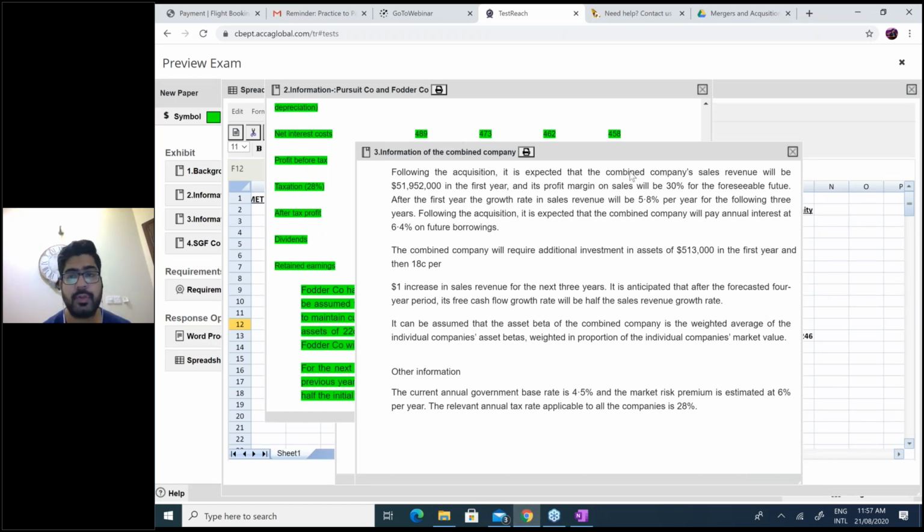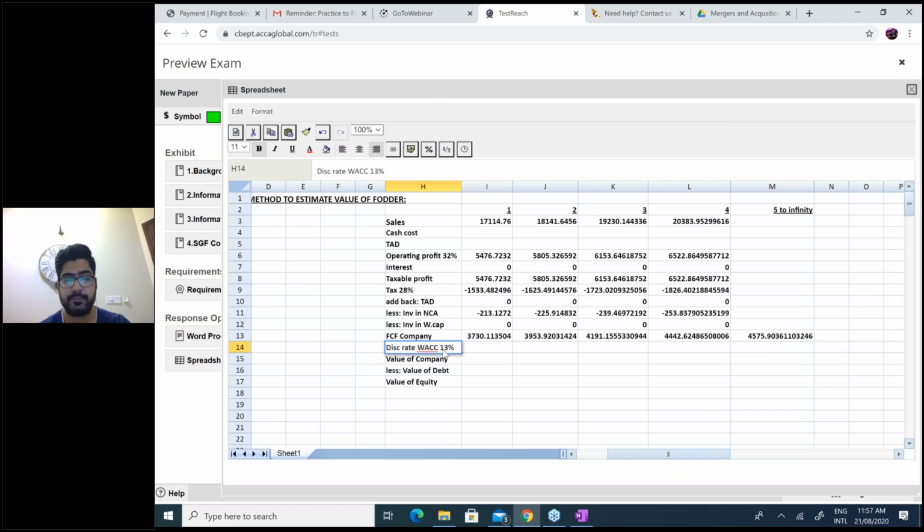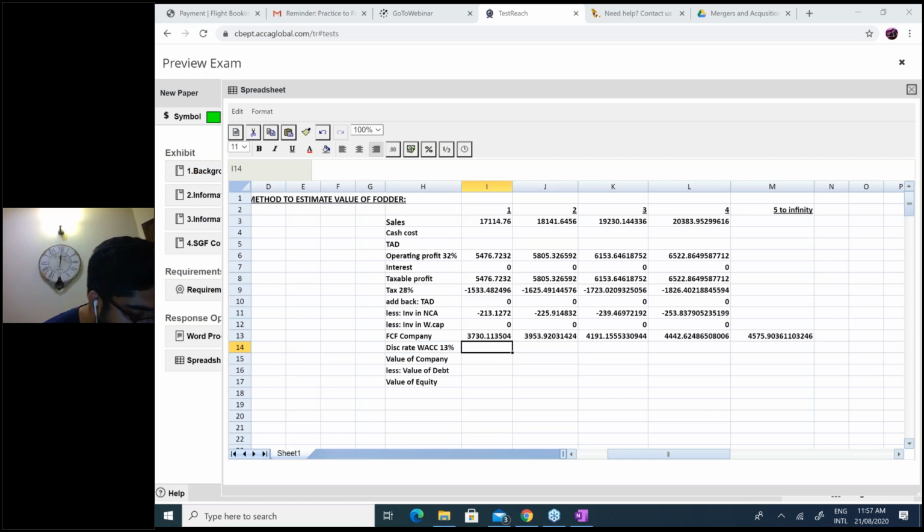Okay, so now since we got WACC of 13%, we just need to apply the discount rate WACC 13% here. The factors will be in the discount tables which are provided to you. I'm seeing 13% year one is 0.885.